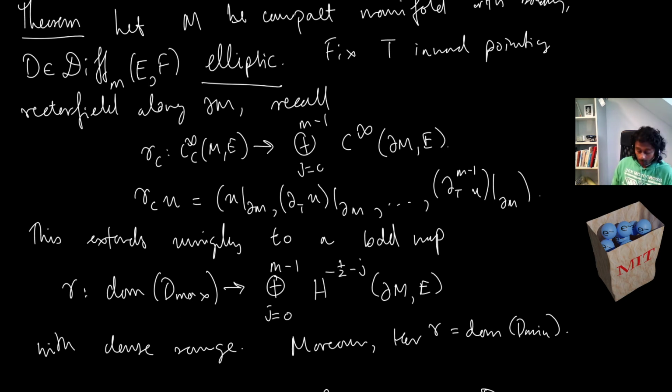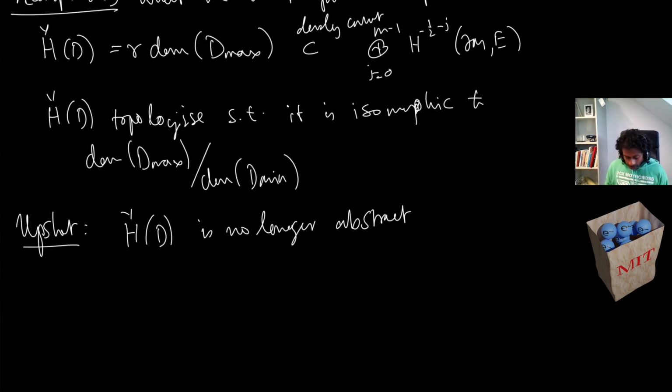And so the way that we make sense of this extension map is precisely through an approximation, right? If you take an element in DOM D max, we have a sequence of smooth sections that approximate it, and then we can use that approximation to define gamma, and then we know that this extends uniquely to a bounded map. Yes. Okay, so this is the upshot.